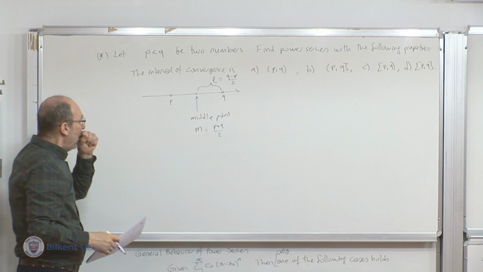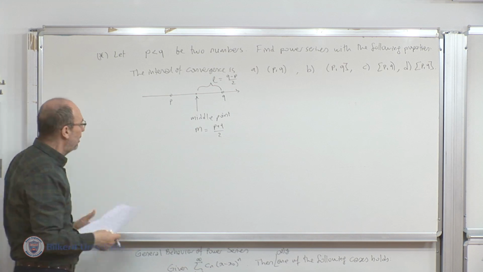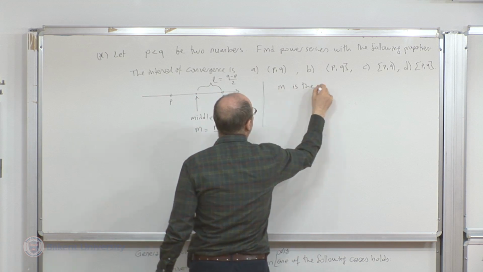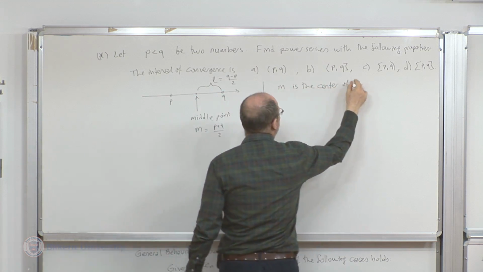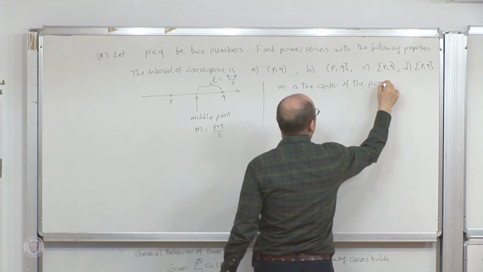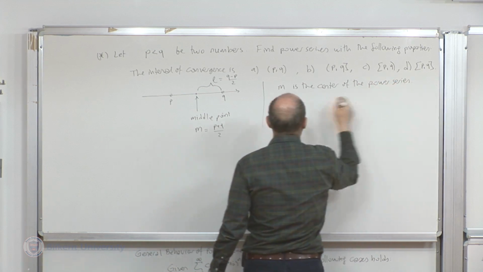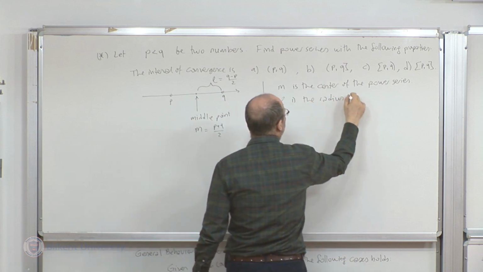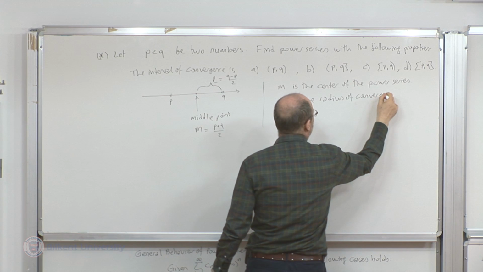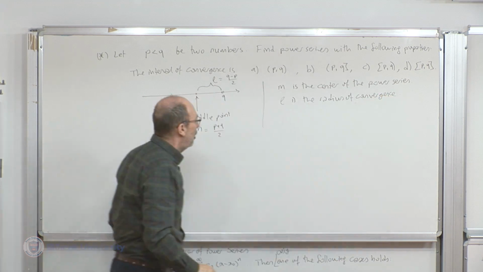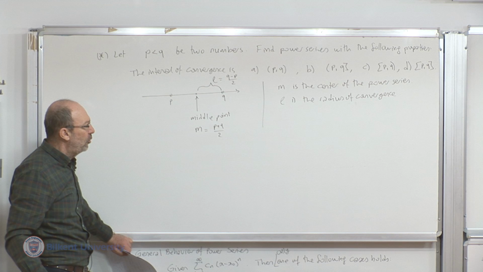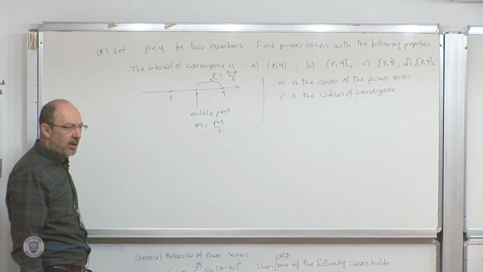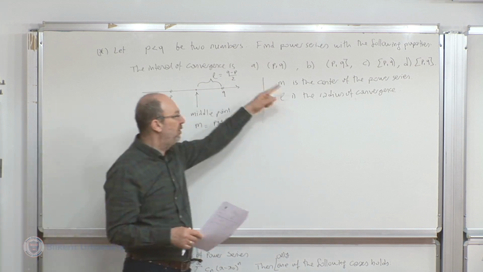So M is the center of the power series, and L is the radius of convergence. We'll consider power series whose center is M and radius of convergence is L, such that at the endpoints these behaviors will be recovered.